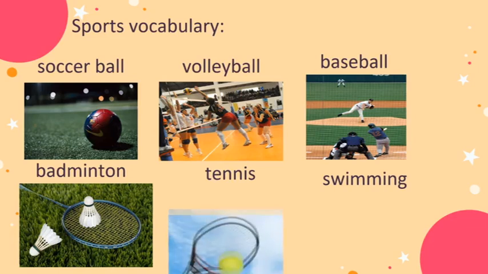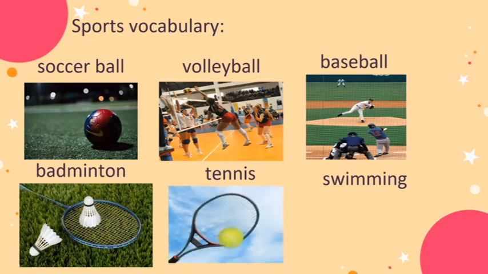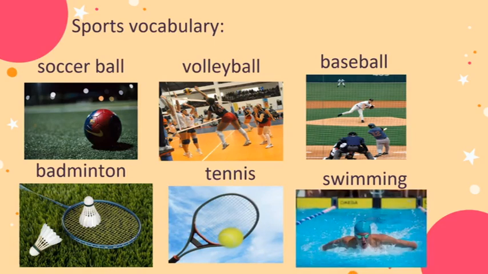And tennis, you can see here, is a small ball, but the appearance looks like badminton also. And the last one is swimming. All these sports are sport vocabulary, so you can use all these words to answer the first question that I asked you: what sport do you like to play, right?